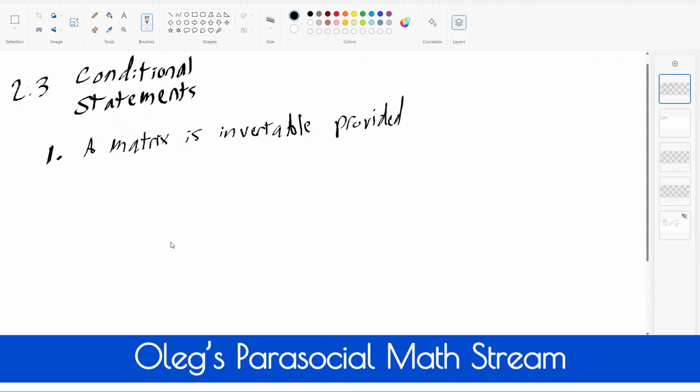Okay, so a matrix is invertible provided.